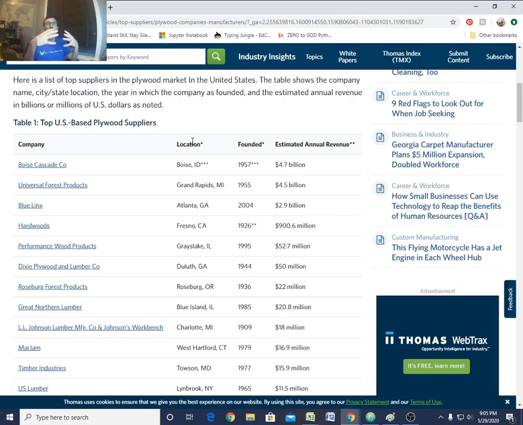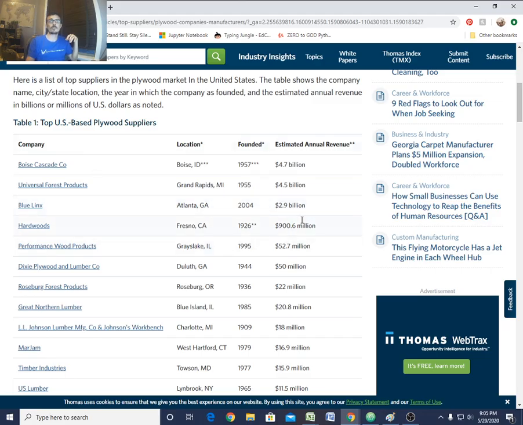Their whole thing is to kind of do a little bit of marketing almost for these companies, and so they track, and companies give them data, and they track a lot of data on what companies are manufacturing stuff, where the big suppliers are, and that kind of thing. So what you'll see here is the top 3. So Boise Cascade in Boise, Idaho, Universal Forest Products in Grand Rapids, Michigan, and Blue Links in Atlanta, Georgia.